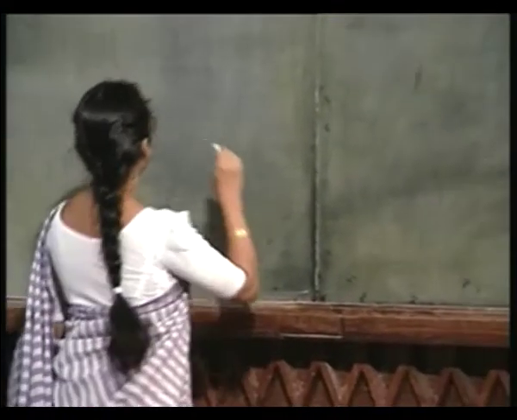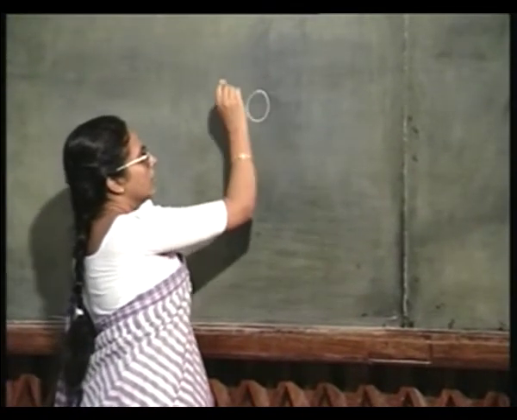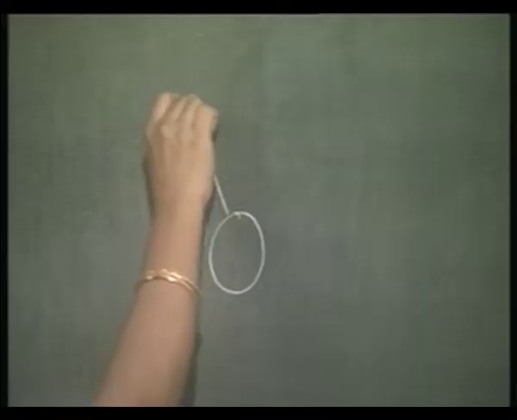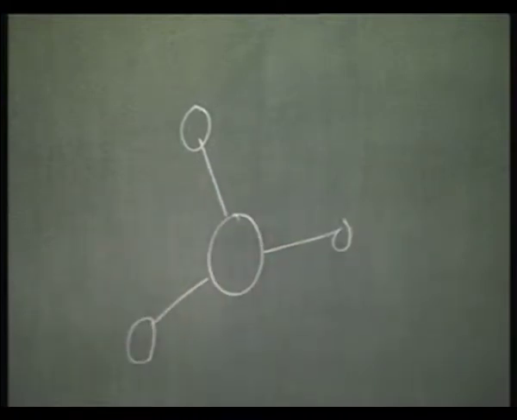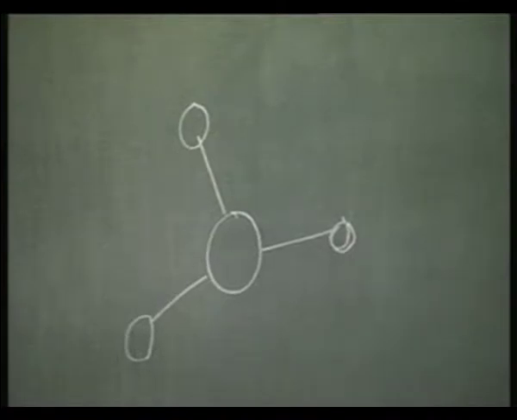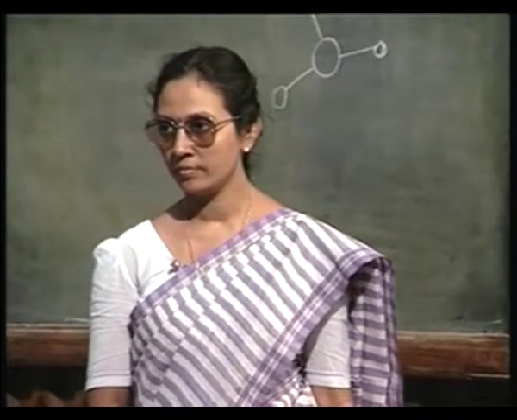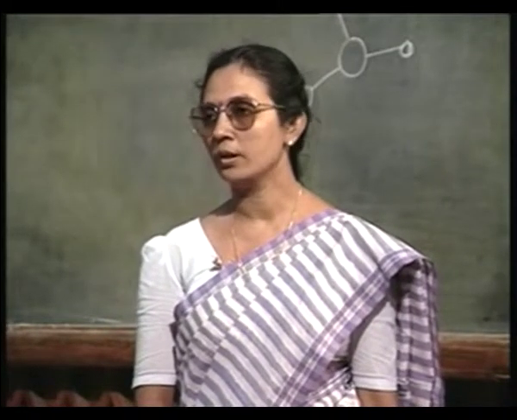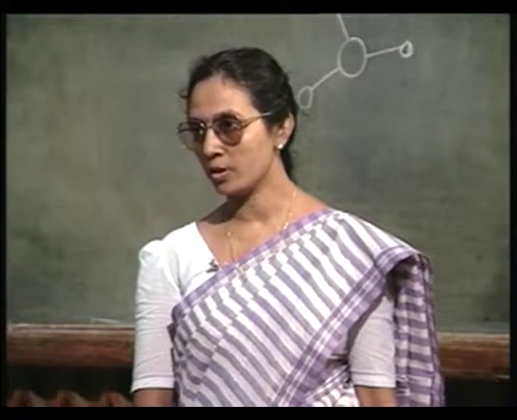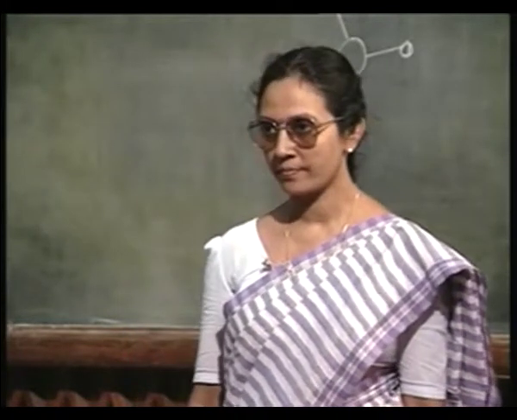Normally, inside this diamond structure, each atom is bonded to its 4 nearest neighbors in a tetrahedral structure, right. 1, 2, 3 and the 4th one going inside the board, but not so on the surface. On the surface some of these bonds are not present. We call these dangling bonds. These bonds are dangling in space.